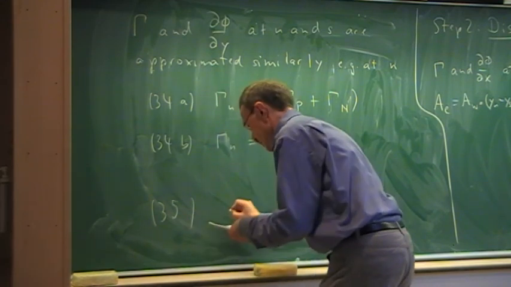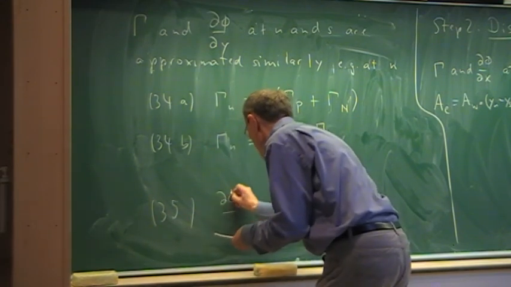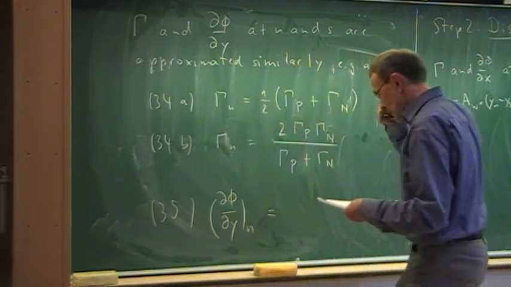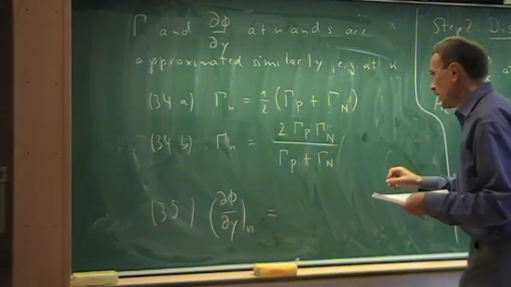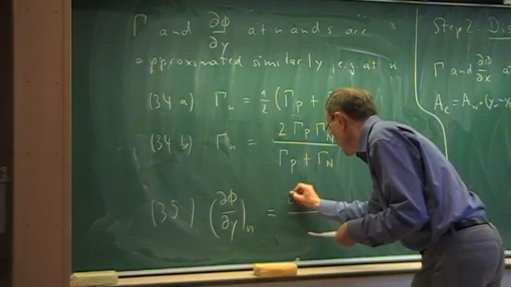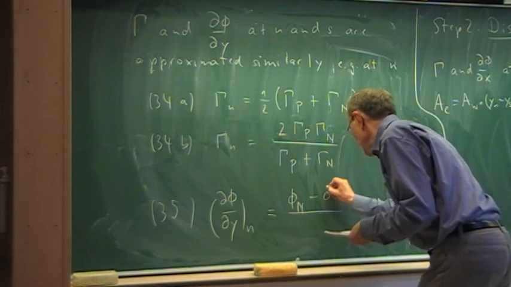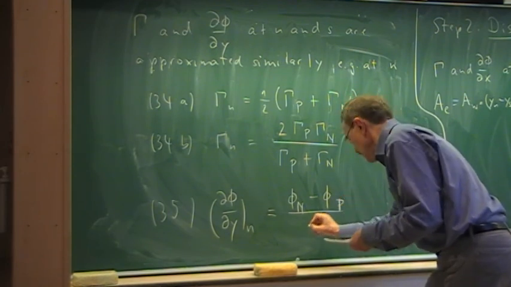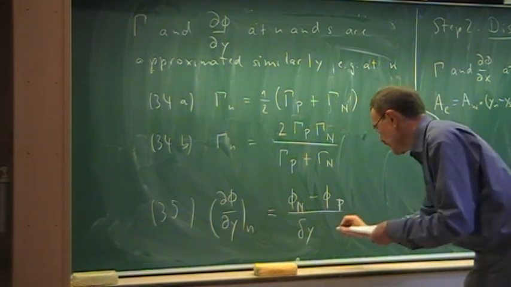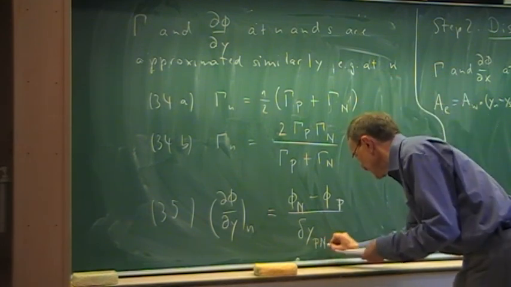We say that the d phi dy at the northern face is then approximated by taking the value at n minus the value at p divided by the distance, and that we can write as the distance in y between p and n.